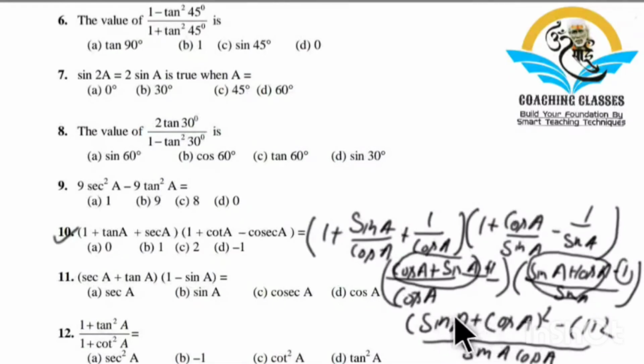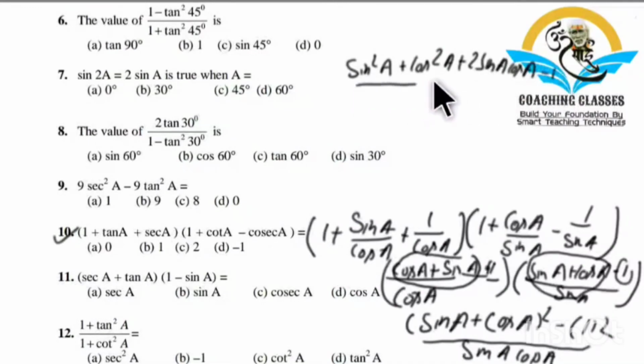Now you break by using the formula a plus b whole square. You get sin square A plus cos square A plus 2 sin A cos A minus 1 by sin A cos A. You know that sin square A plus cos square A equal to 1.